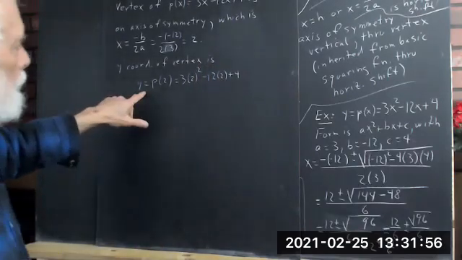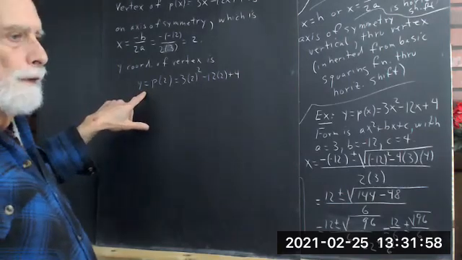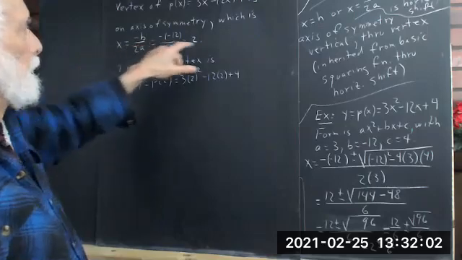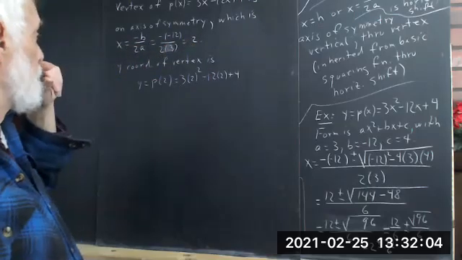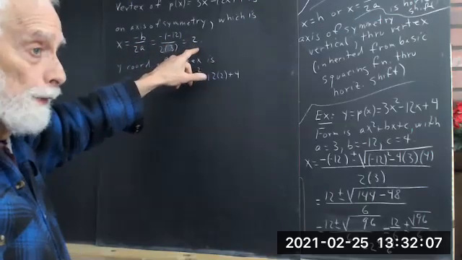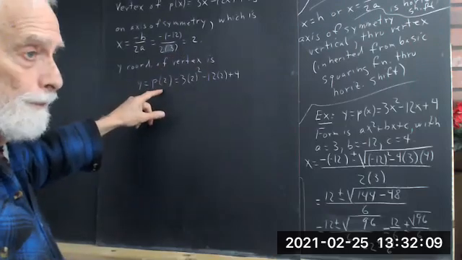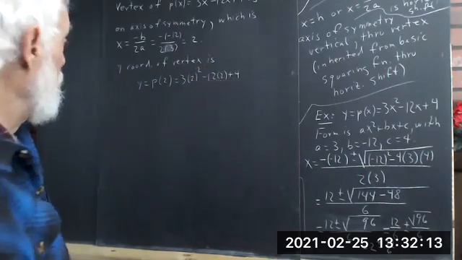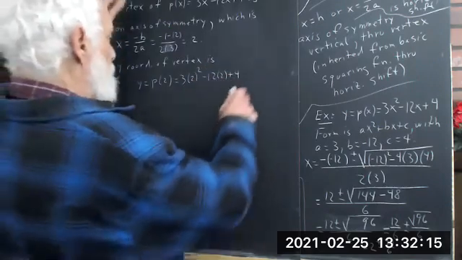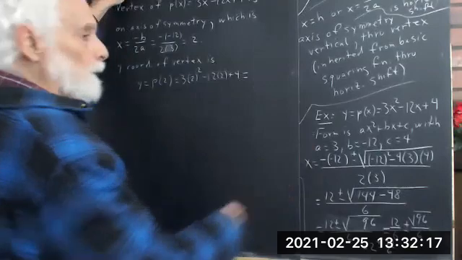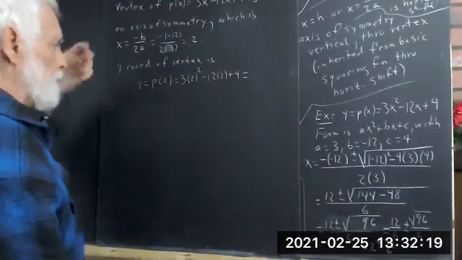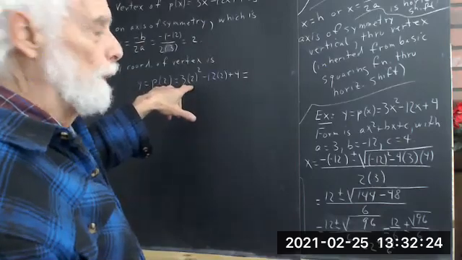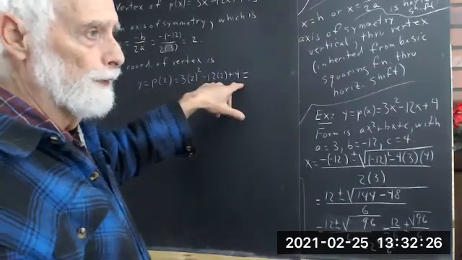Okay. The vertex is on the axis of symmetry. The axis of symmetry is where x equals 2. So we plug in 2 here, and we get the y-coordinate of the axis of symmetry. And this, doing the arithmetic, and there's no advantage to showing the gory details of the arithmetic, we're going to get 12 here, and 4 is 16.